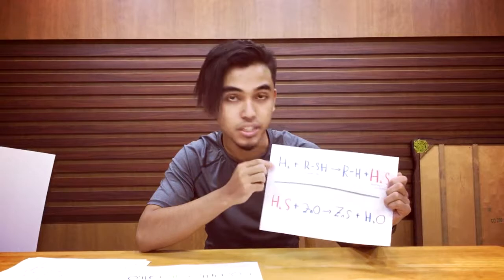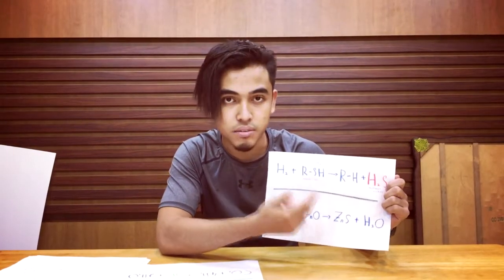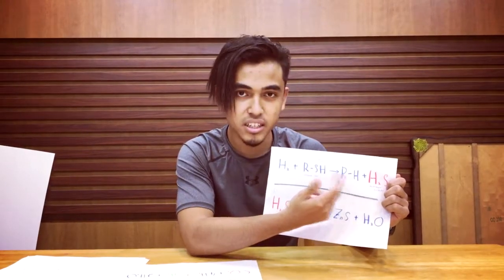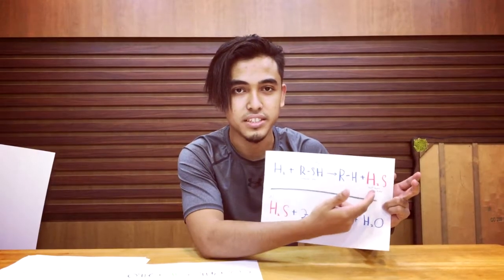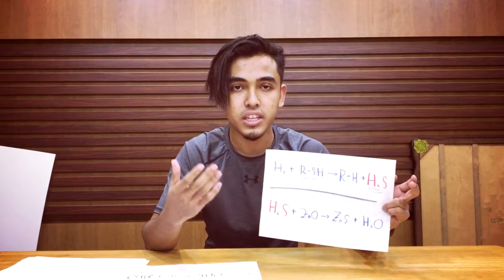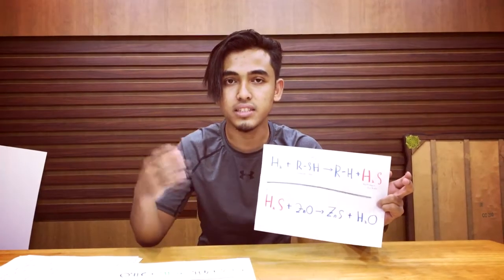In the first equation, hydrogen reacts with natural gas that contains sulfur and will produce natural gas without sulfur plus hydrogen sulfide. We need to remove sulfur because sulfur can deactivate the catalyst for the next step.